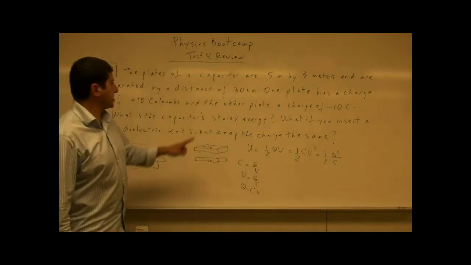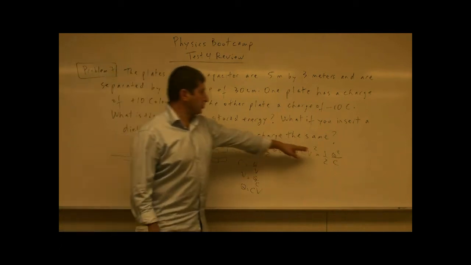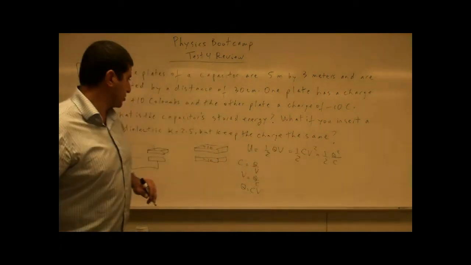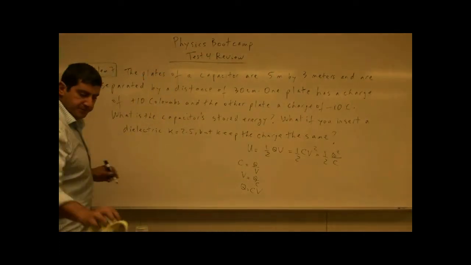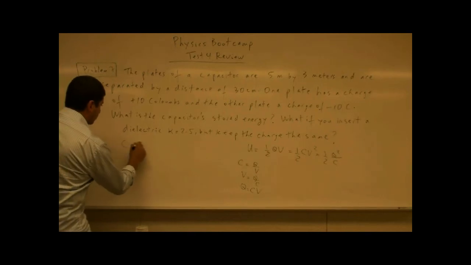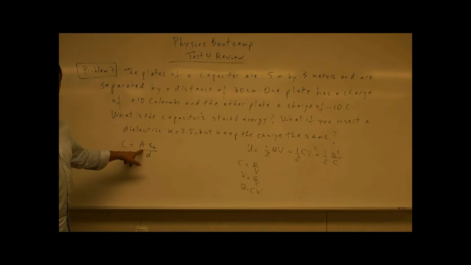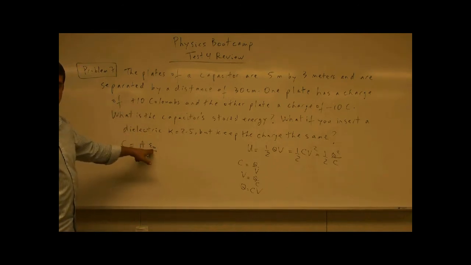So in this problem, since I already know the charge is 10 coulombs, all I need to do is calculate the capacitance of the capacitor, right? So the capacitance is C equal to A epsilon naught over D: the area of one of the plates, times epsilon naught, the electrical permittivity of space, divided by the distance.